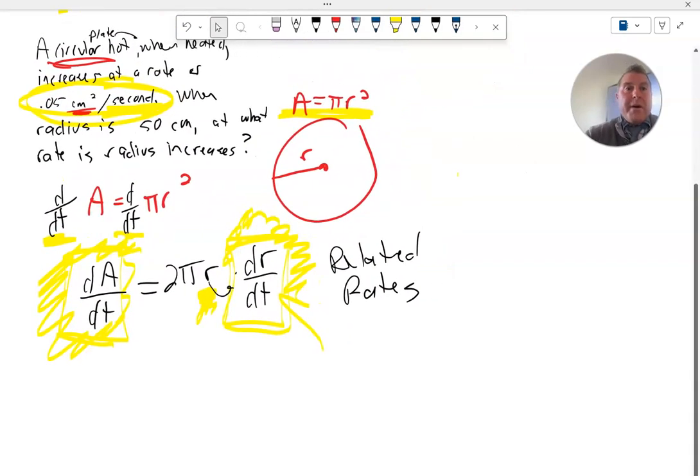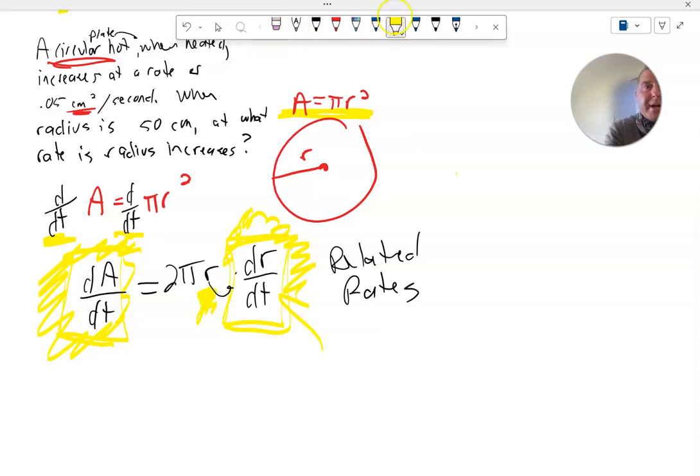What I know is the rate at which the area is changing, right here. So I'm going to plug that number right into dA dt because that is the rate of change of the area. Boom.